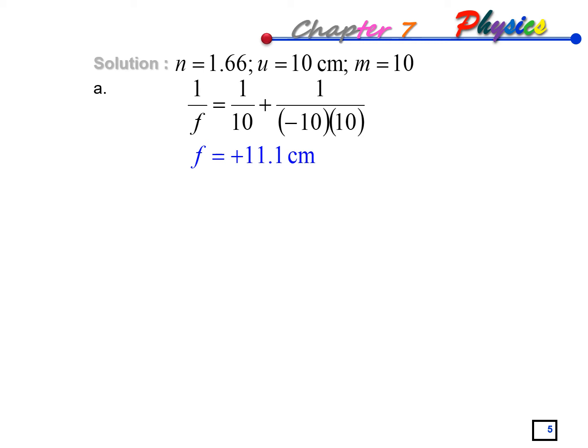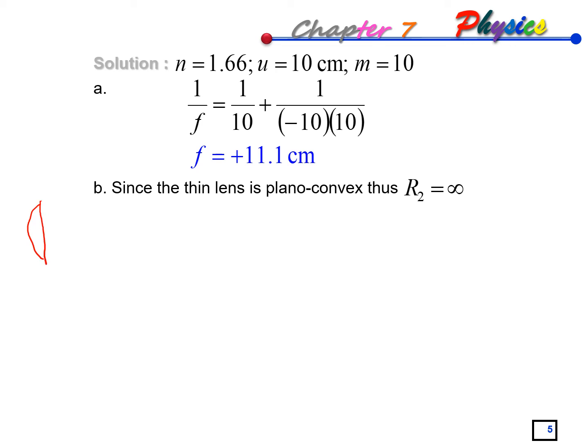For the next part, since the lens is a plano-convex lens, R2 will be infinite. If we have a lens here with a ray traveling, this one will be R1, which will be positive because it is convex, and over here you have a flat surface.